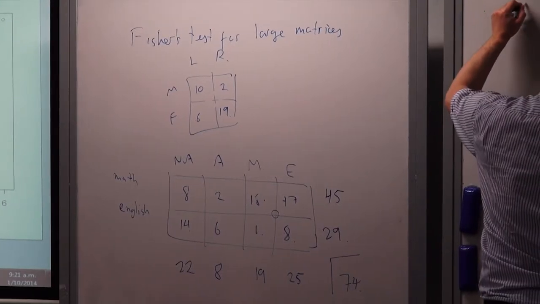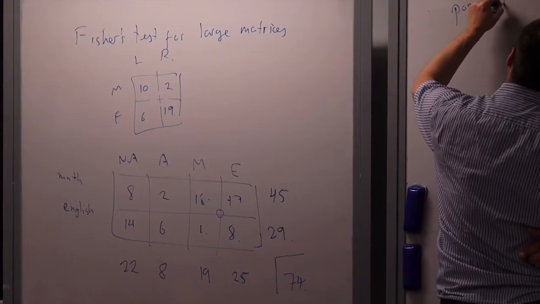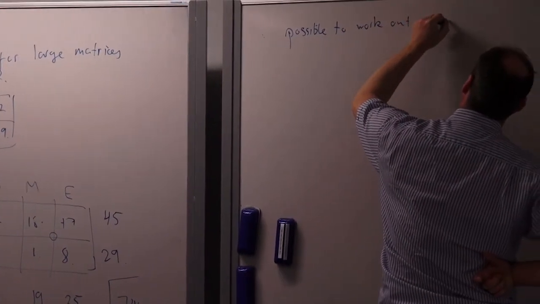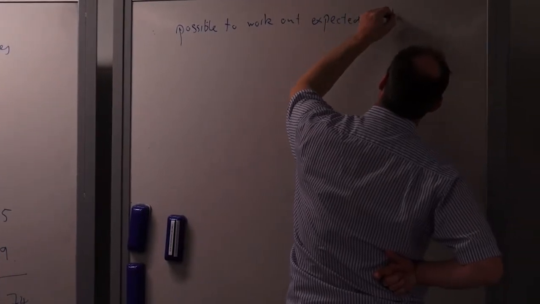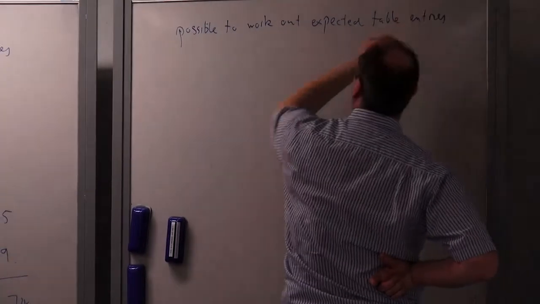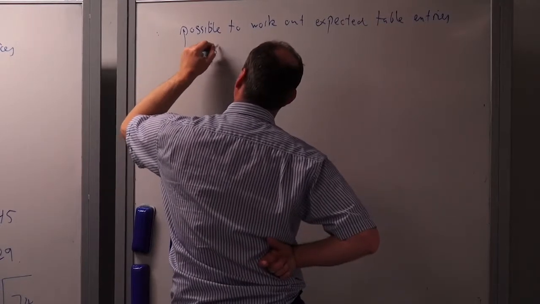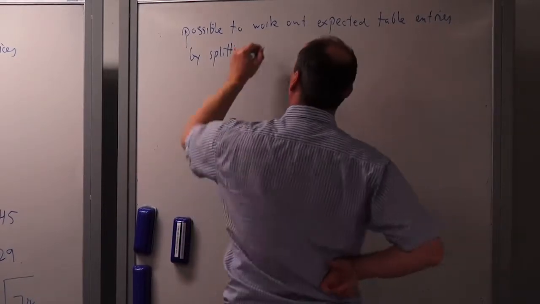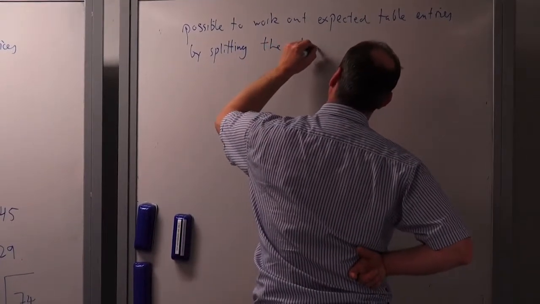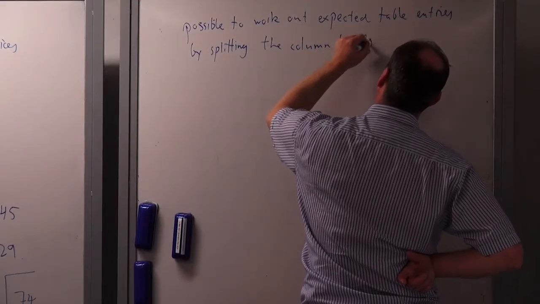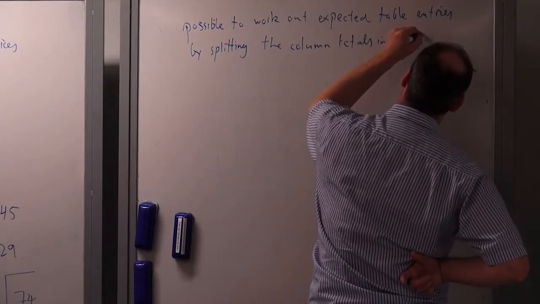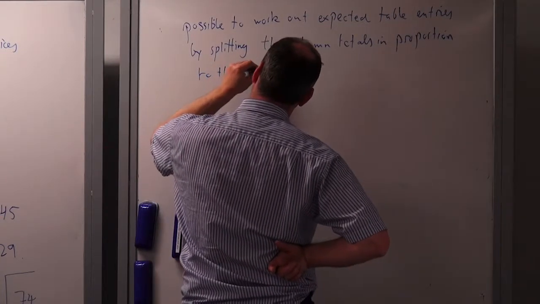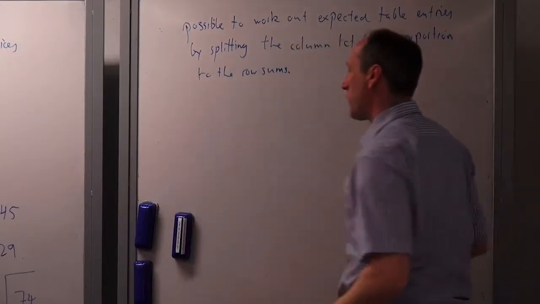It's possible to work out expected table entries by splitting column totals in proportion to the row sums.